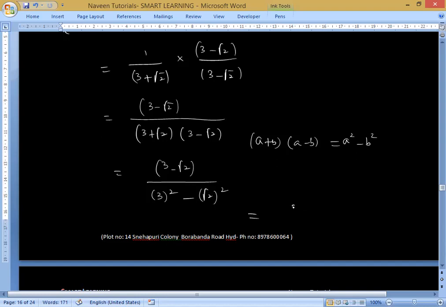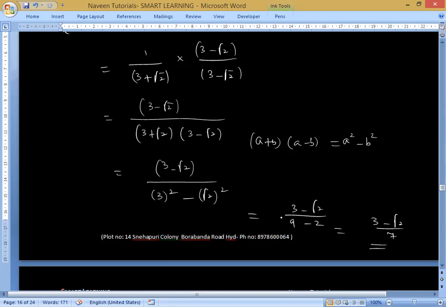So 3 minus root 2 by 3 square is 9. Root 2 square is root 2 into root 2 is 2. So 3 minus root 2 by 9 minus 2 is 7. So this is the answer.